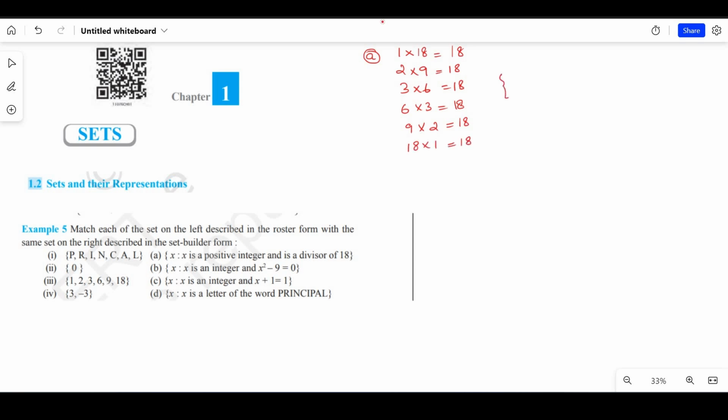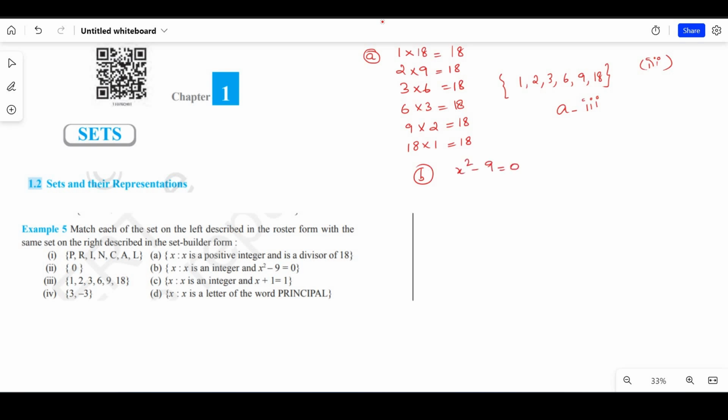So the positive integers that are divisors of 18 are 1, 2, 3, 6, 9, 18. So this option matches with the third option from the left hand roster form. Okay, so A matches with 3. Now next option B. For all x such that x is an integer and x square minus 9 equal to 0.